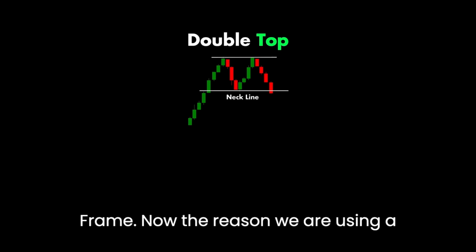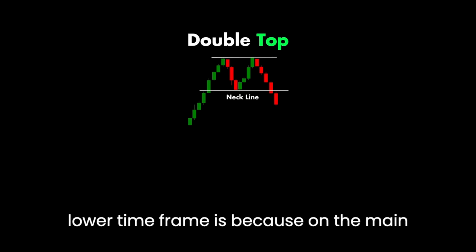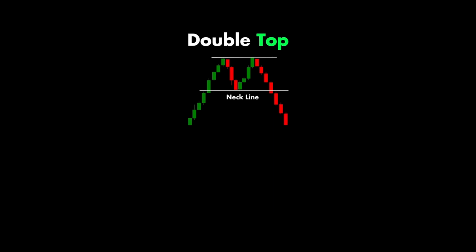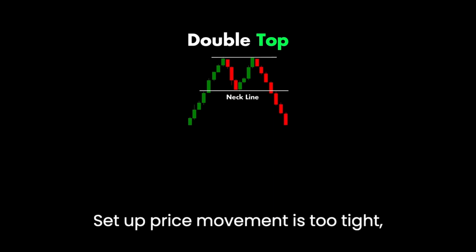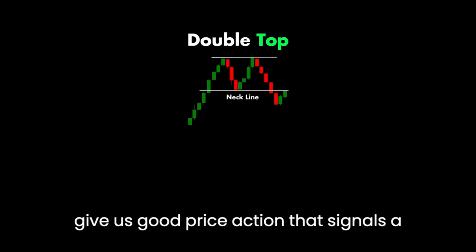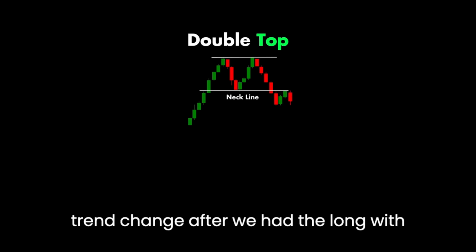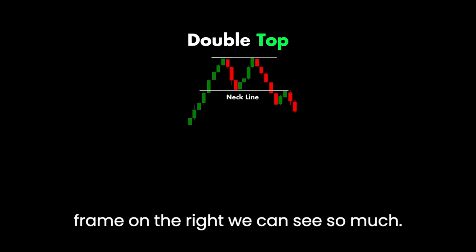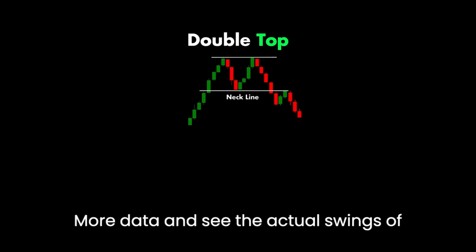Now the reason we are using a lower time frame is because on the main time frame where we found the initial setup, price movement is too tight, meaning we don't have good swings that give us good price action that signals a trend change after we had the long wick candle, whereas here on this lower time frame on the right we can see so much more data and see the actual swings of price.